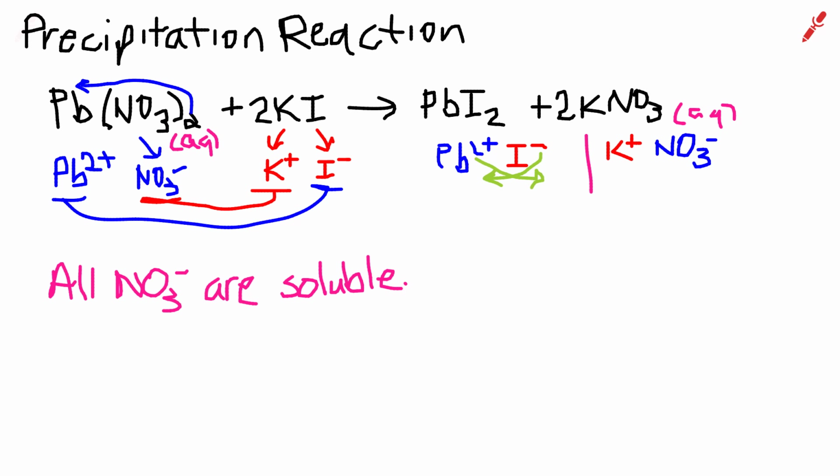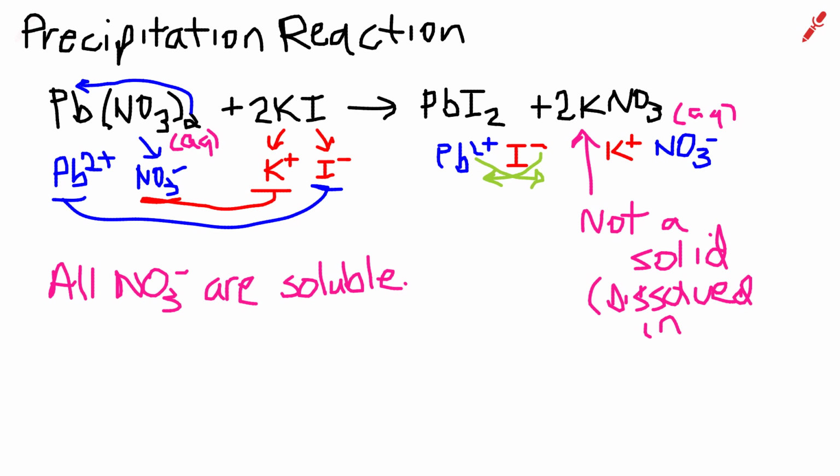This is not the solid that we're seeing. This is going to be dissolved in the water. So the question then is, what must be the solid, or are we even going to see a solid?